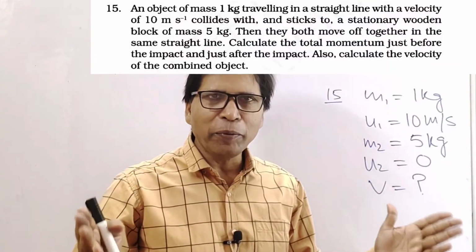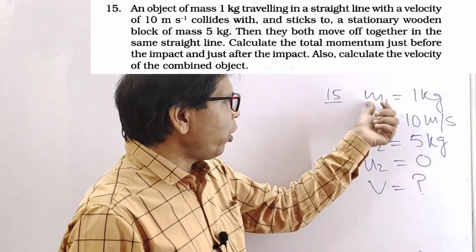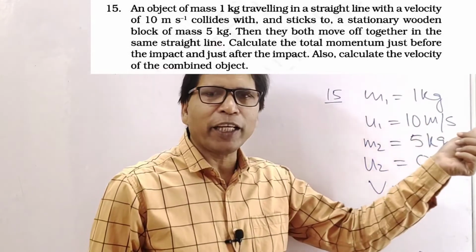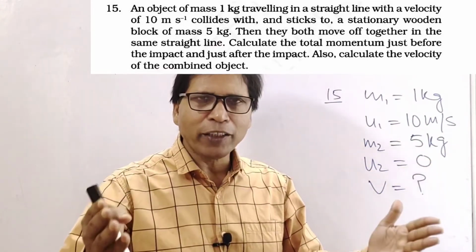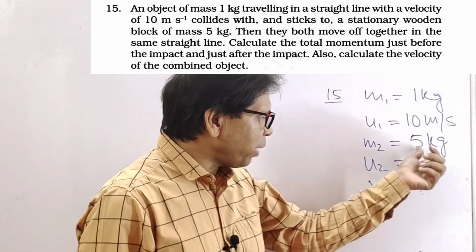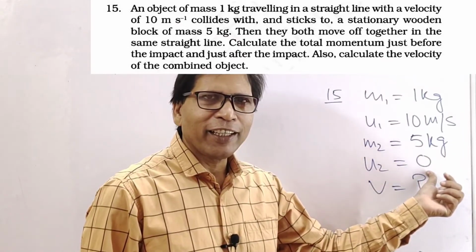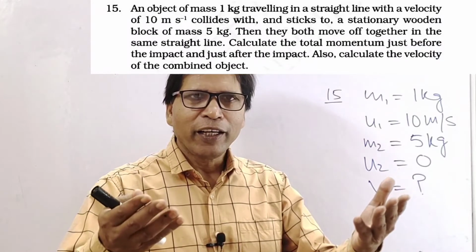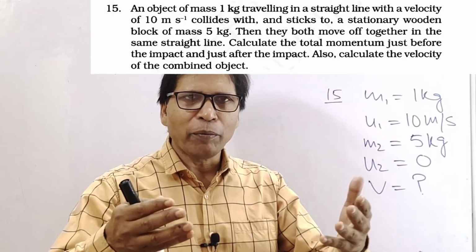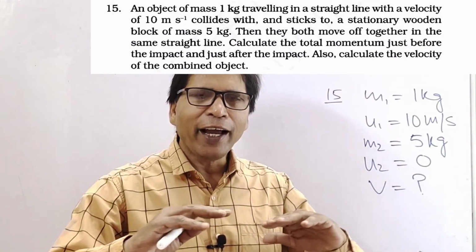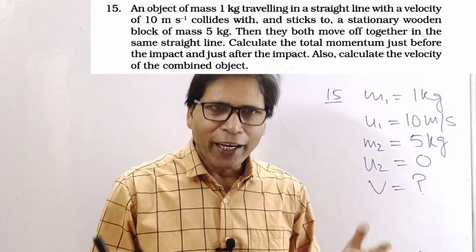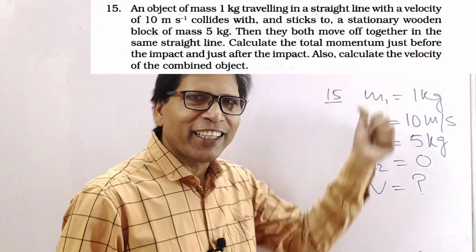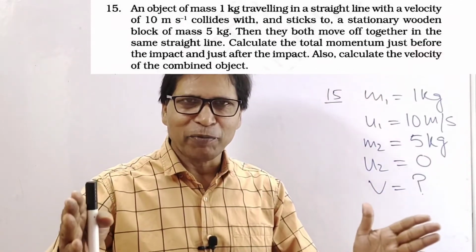Now NCERT numerical 15. A body of mass 1 kg moves with velocity 10 meter per second. It collides with another body of mass 5 kg at rest. They stick together. We have to calculate the total linear momentum before impact and after impact, and we have to calculate the velocity of the combined mass, that is m1 plus m2.